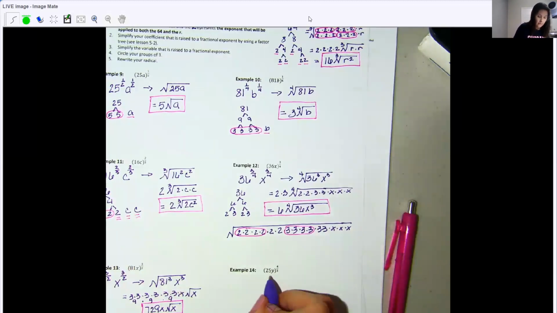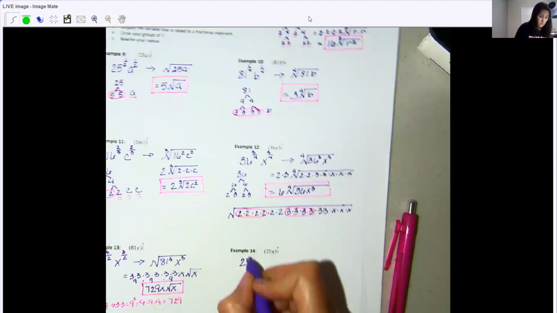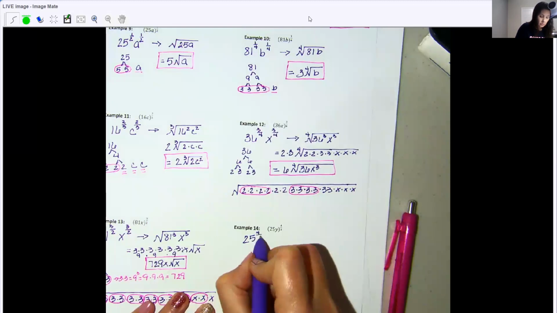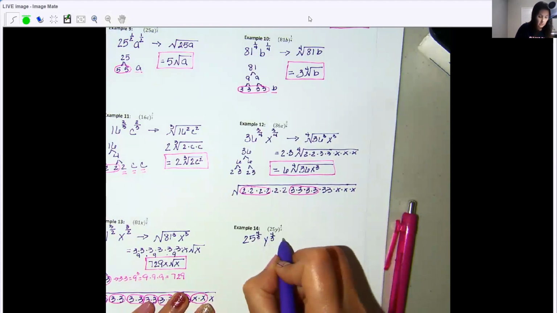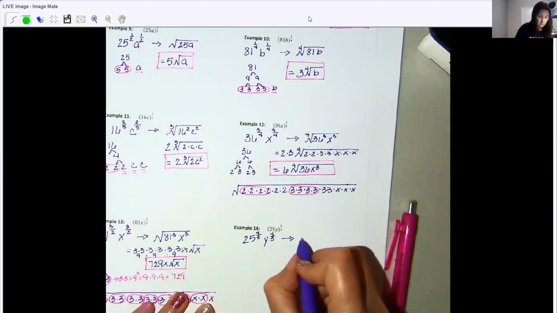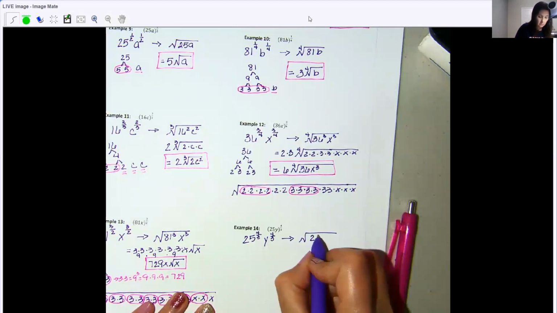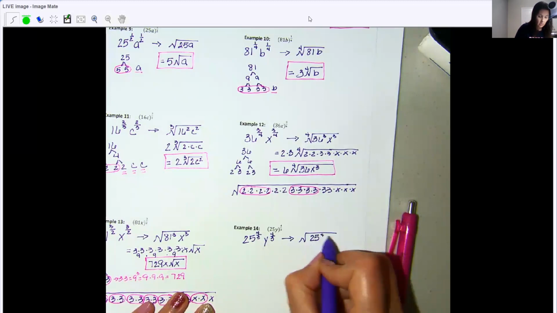Okay, we have 25 raised to the power of 4/3, and we have y raised to the power of 4/3. And that becomes 25 to the 4th power, y to the 4th power with an index of 3.